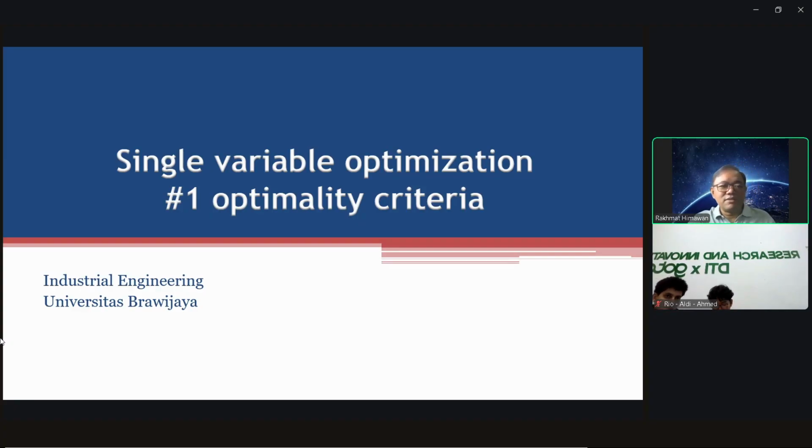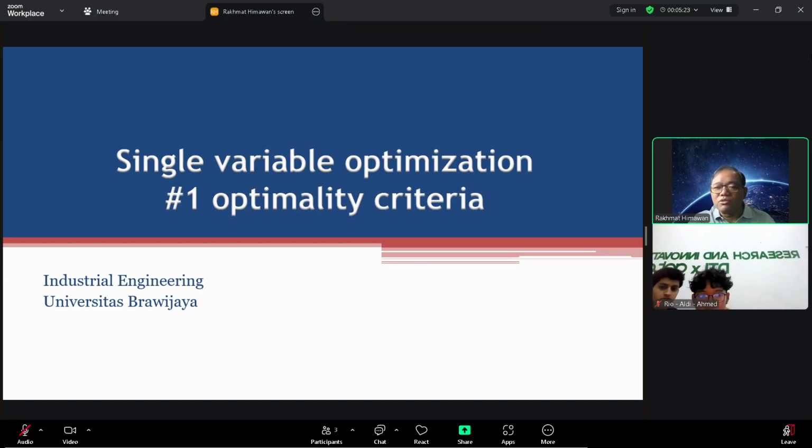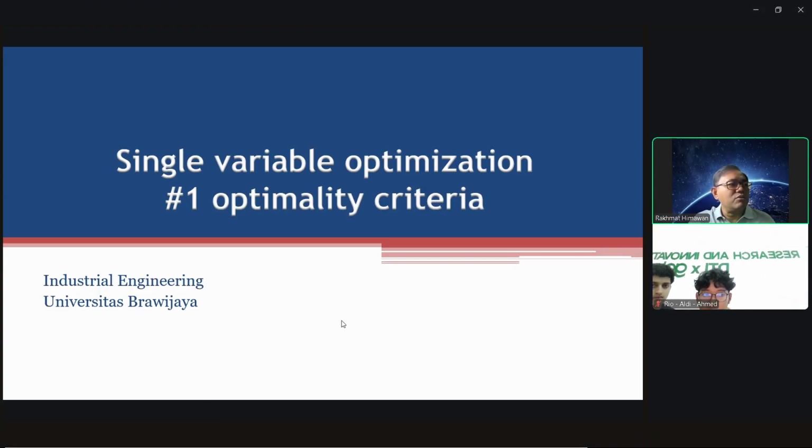And for this purpose, we're going to discuss optimality criteria. So how do you know if it's optimal or not? If you don't actually draw the picture of the problem, then how do you understand that what you find is optimal or not?